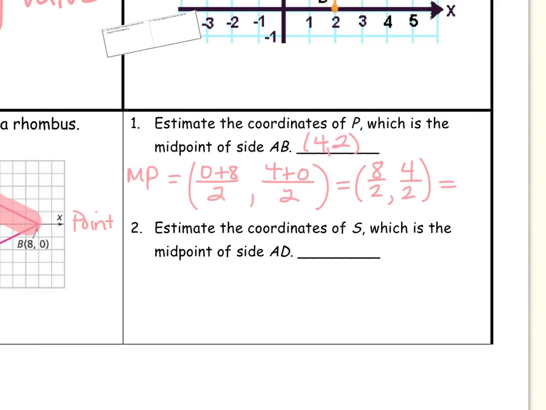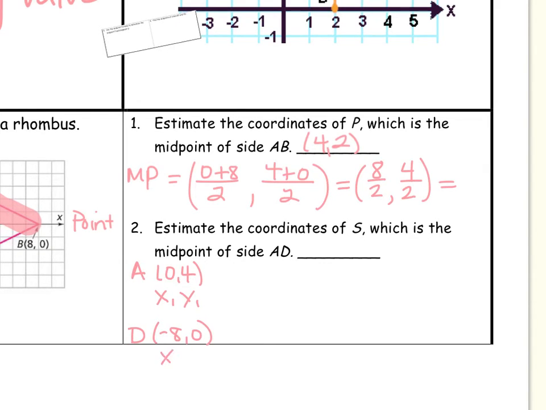Okay, go ahead and pause the video and try problem number 2. Estimate the coordinates of S, which is the midpoint of side AD. Pause the video and then check your answer. Point A has coordinates of 0, 4. I'm going to use that as my x1 and my y1. Point D has coordinates of -8 and 0.